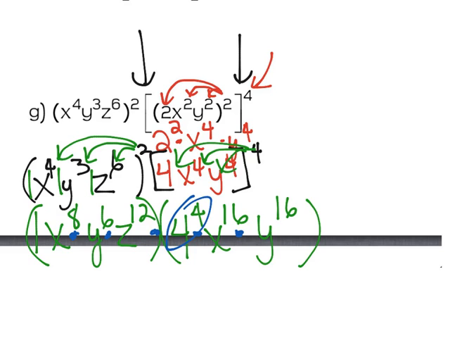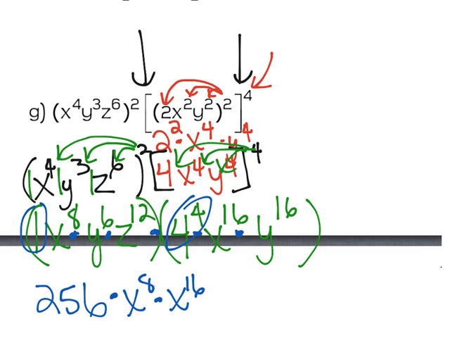That gives us 256. So 256 times 1 is 256. And then we have our x's. We have x to the 8th times x to the 16th. Then the y's, y to the 6th and y to the 16th. And then only one z, and that's z to the 12th. Now we can go ahead and finish out the problem.